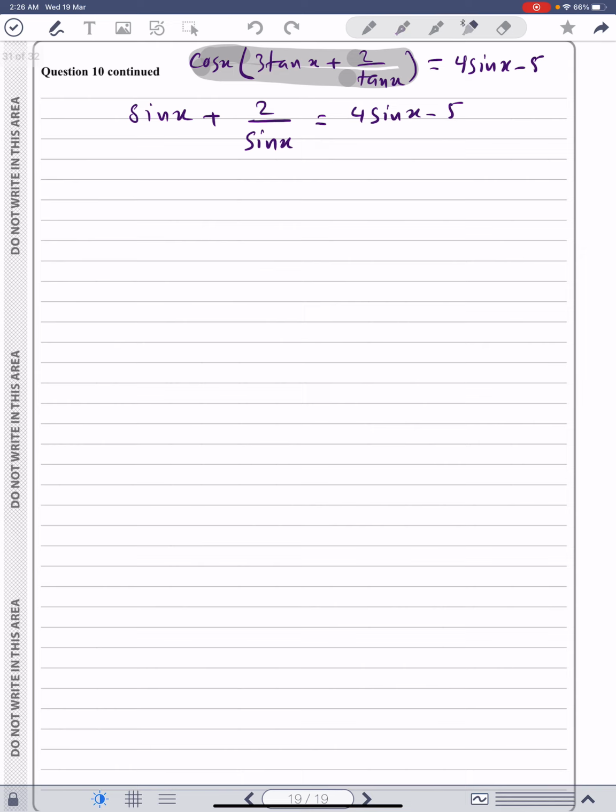Directly the unknown is in the denominator, so what this reminds us of is the quadratic form. So you multiply everything by sine x, the LCD tactic, the lowest common multiple, it's only sine x down here. Expanding, you will get sine squared x plus 2 equals 4 sine squared x minus 5 sine x.